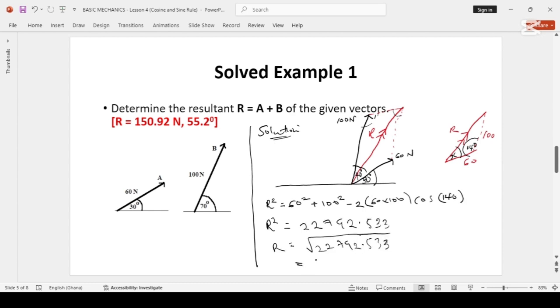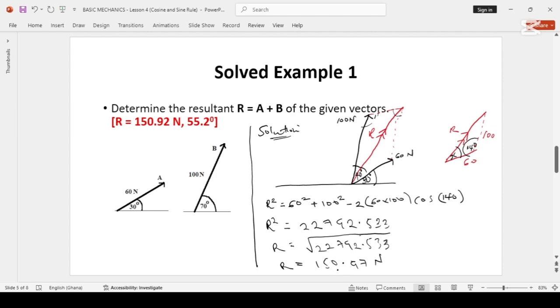So R will be giving us 150.97 newtons. This value is the value for the resultant.